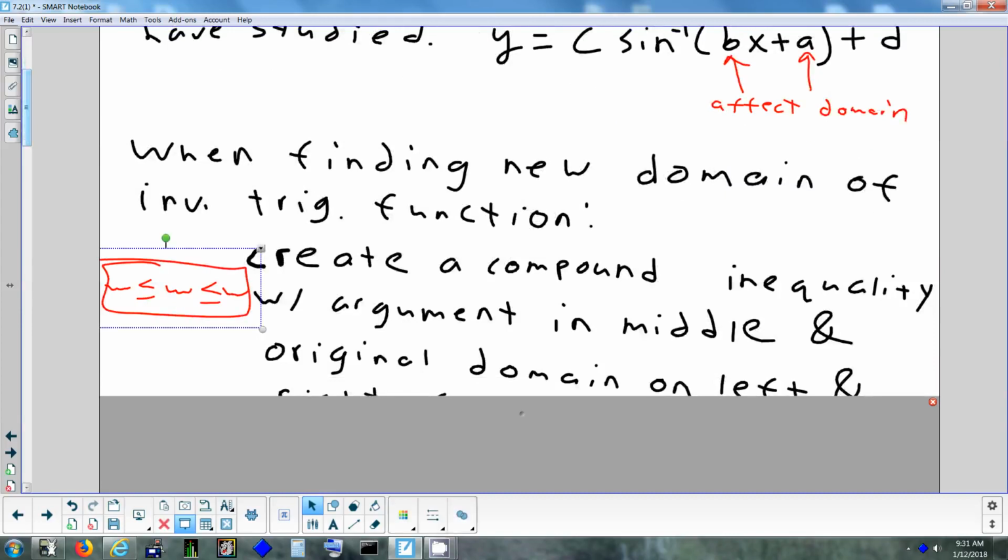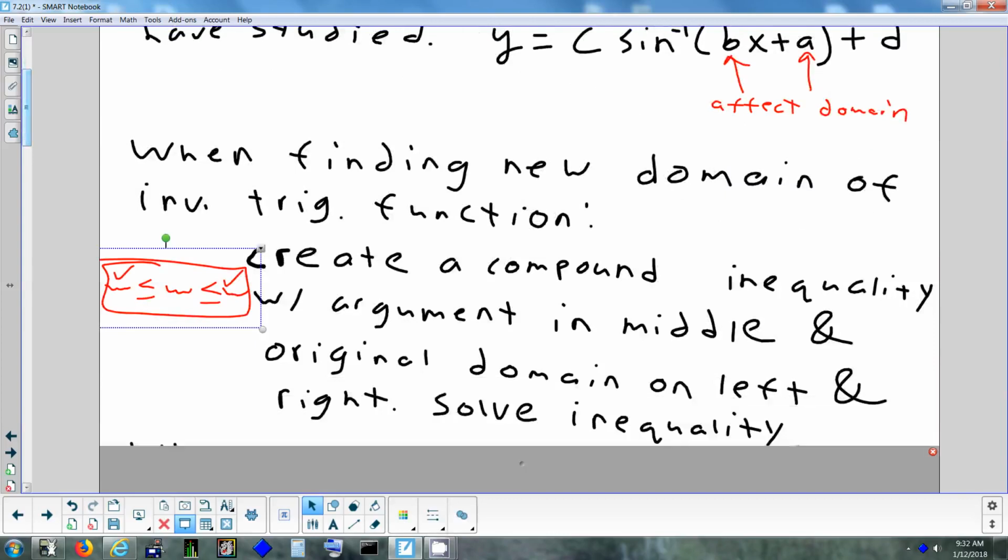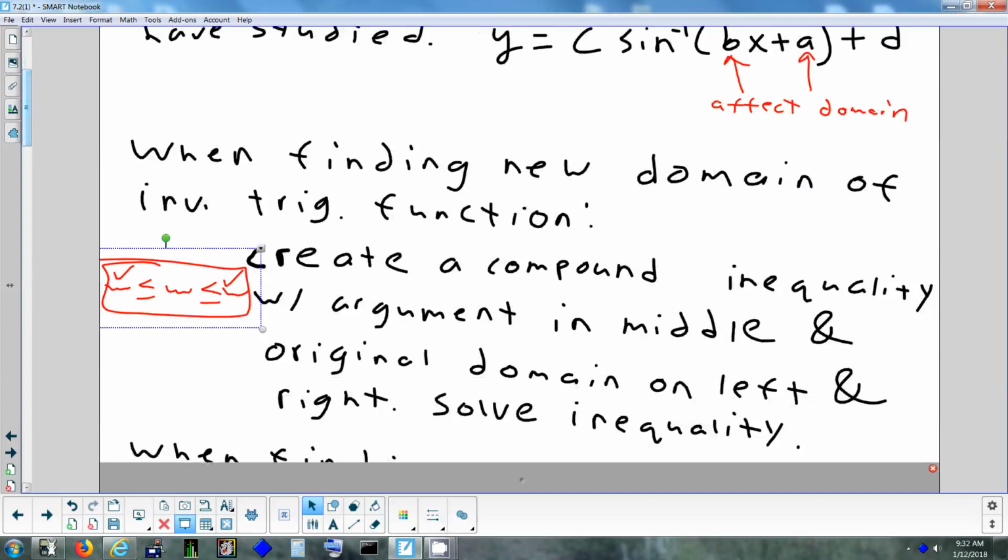You're going to put the argument in the middle, and then you're going to put the original domain on the left and on the right. And then solve. The goal is to get x in the middle by itself. So to find the new domain, you're going to take bx plus a, stick that right in the middle of a compound inequality, put the original domain on the left and on the right, and then solve.